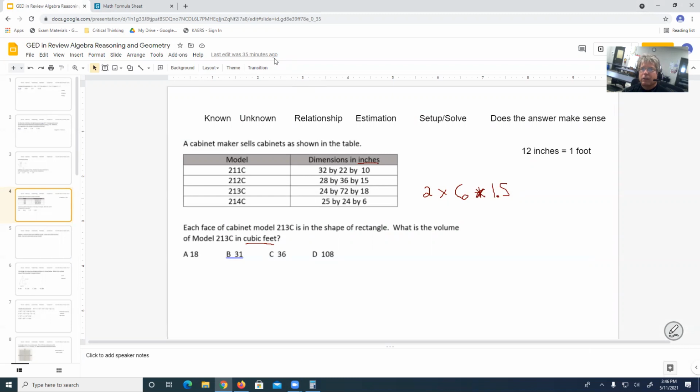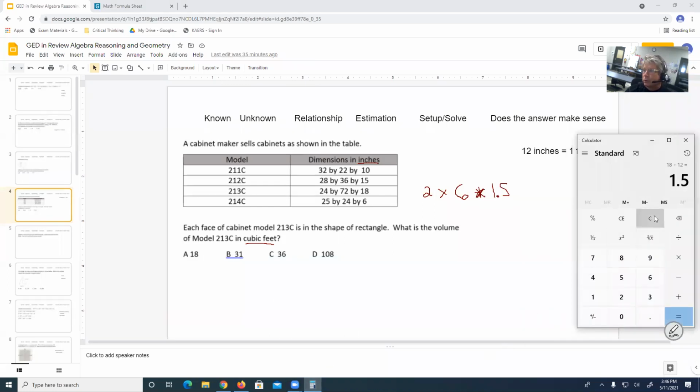So to find the volume of this, all I've got to do is use my calculator and multiply. 2 times 6, of course, is 12. And then I multiply by 1.5. That's going to give me 18. So the answer to this problem would be 18 cubic feet.